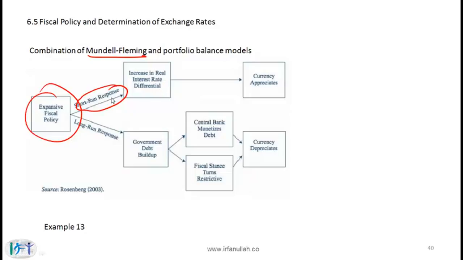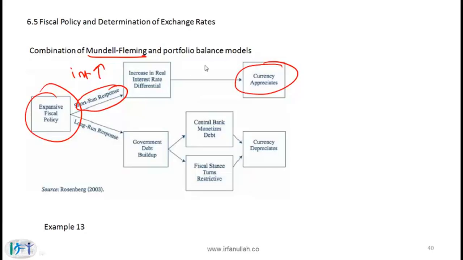As we saw earlier, when you have an expansive fiscal policy, interest rates go up. When interest rates go up, the interest rate in your economy is relatively high, capital flows in, so that results in your currency appreciating. This is in the short run.